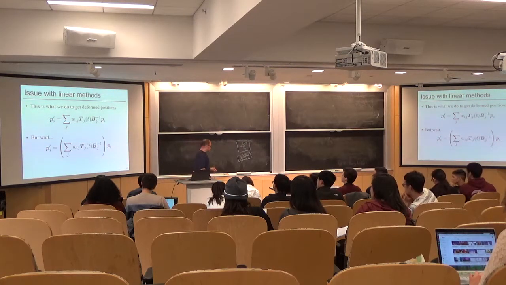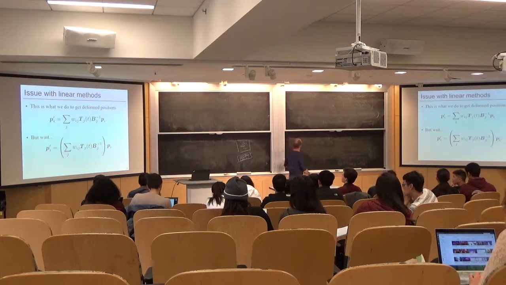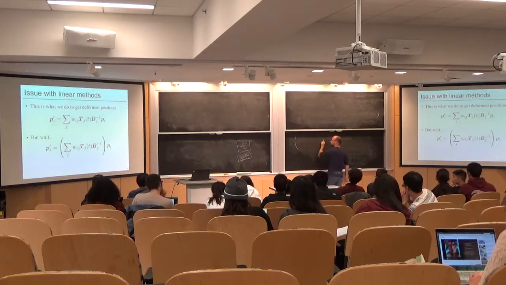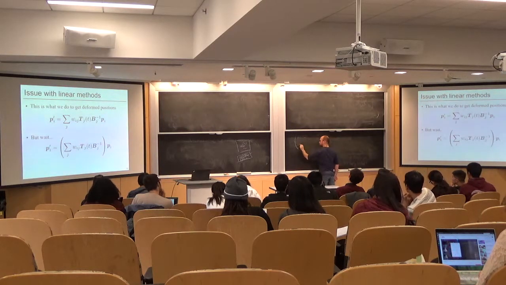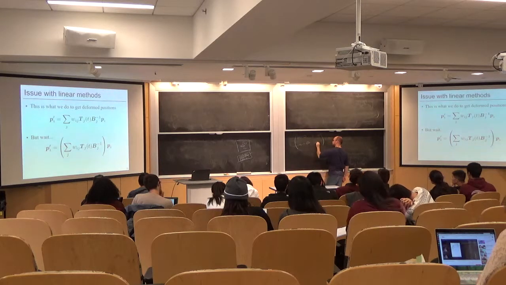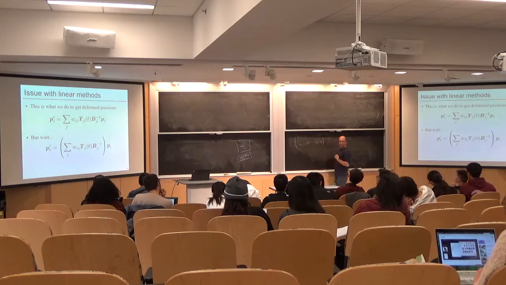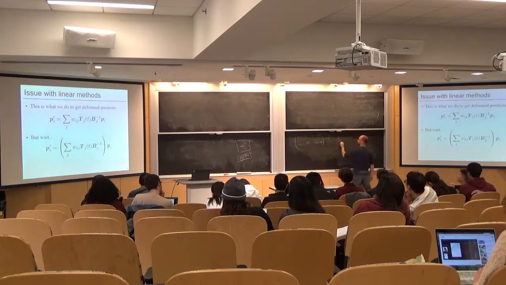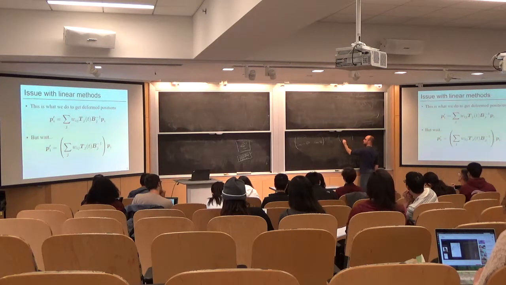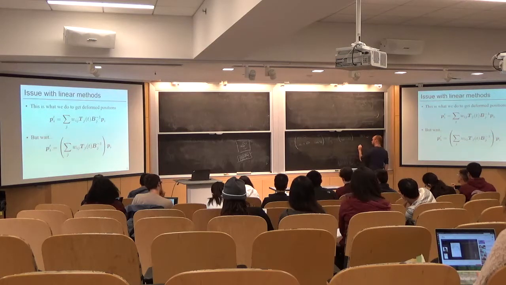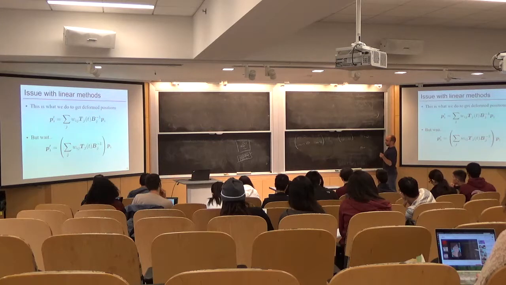To give a concrete example, remember that our 2x2 rotation matrix is cosine theta, sine theta, minus sine theta, cosine theta. First of all, when theta is equal to 0, I get the identity. And let's say theta is pi over 2. So 90 degrees.